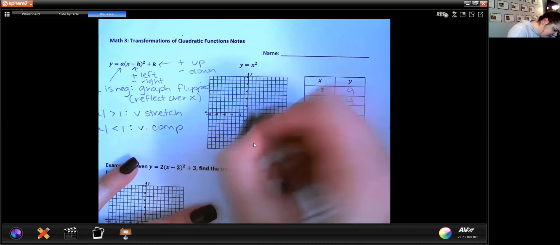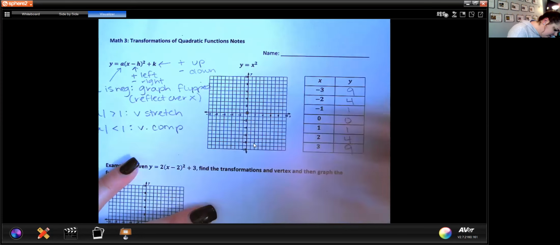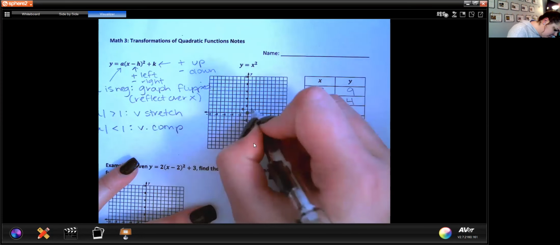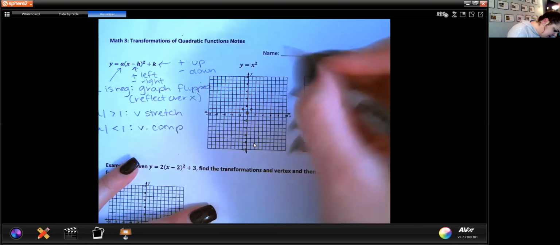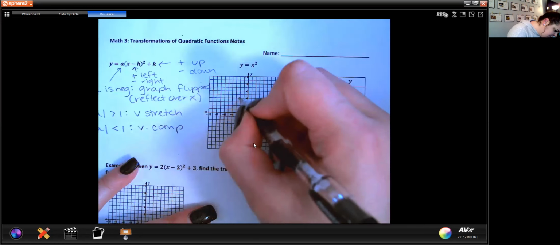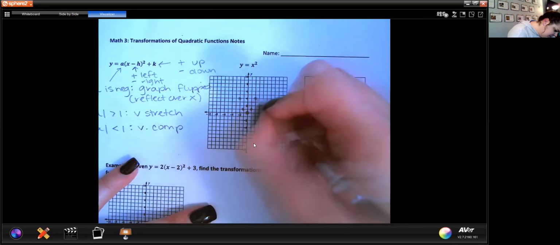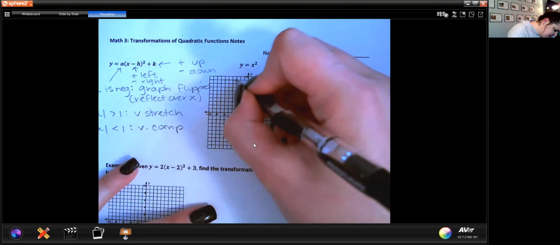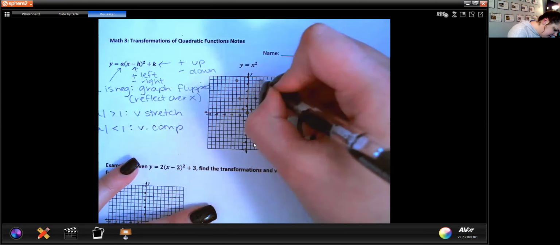So I'm starting here at (0, 0), and then I've got (-1, 1), (1, 1), (-2, 4), (2, 4), (-3, 9), (3, 9).